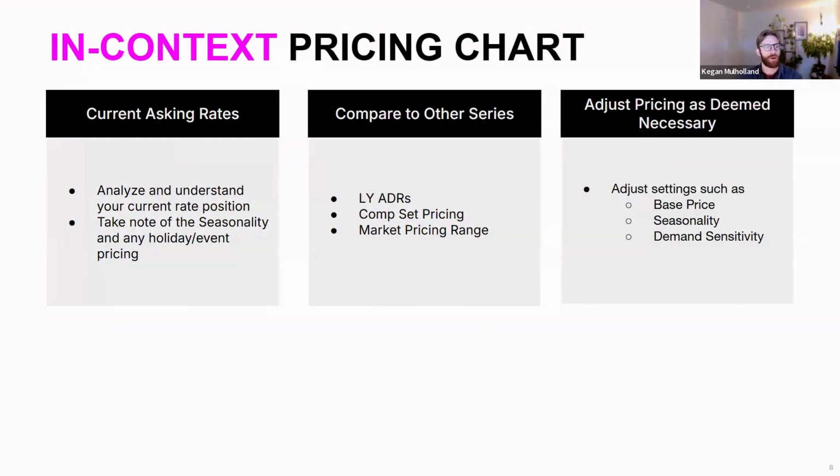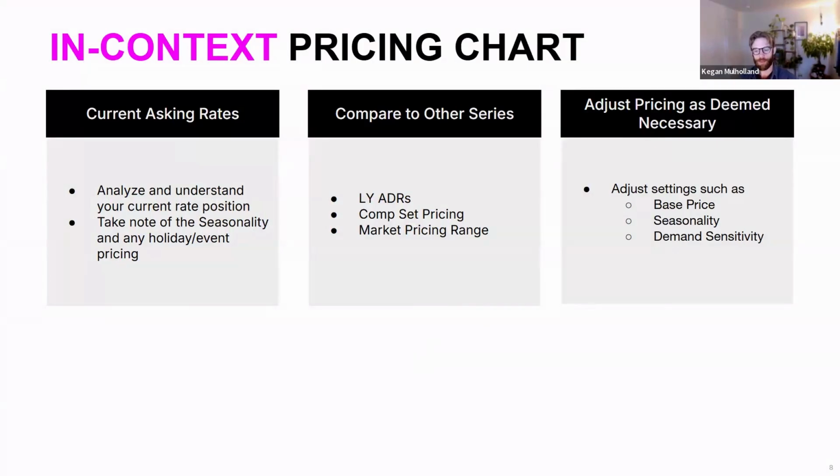So understanding your current asking rates and how those are positioned, comparing to other series. So comparing the current setup for a listing to various other metrics and series here. And then we're going to talk about adjusting pricing as necessary, right?